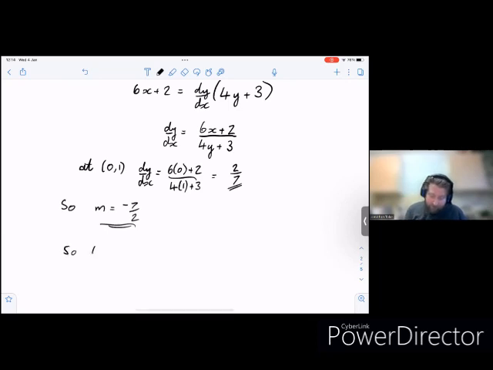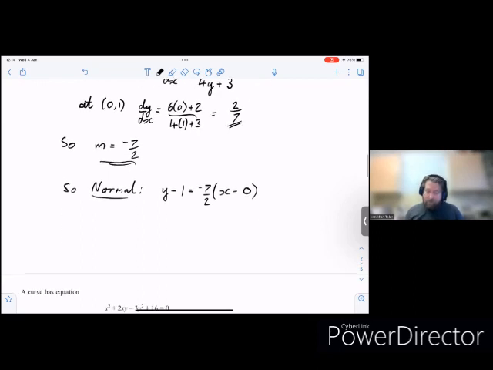So the normal then, we can go back to our equation, which was y minus y1, which is 1, equals m times x minus x1, which is 0. Okay, so to tidy this up, I'm going to multiply both sides by 2. We get 2y minus 2 equals minus 7x.